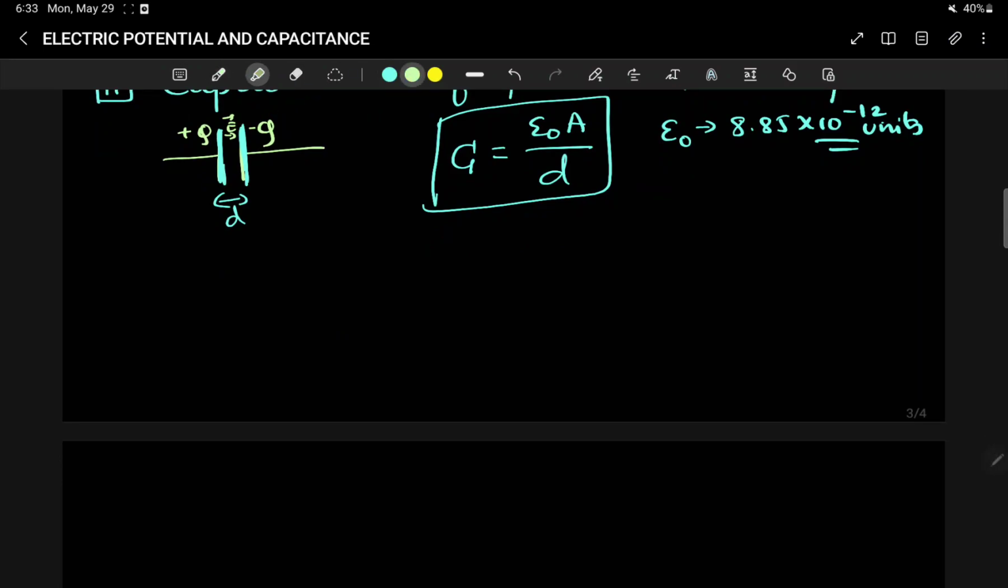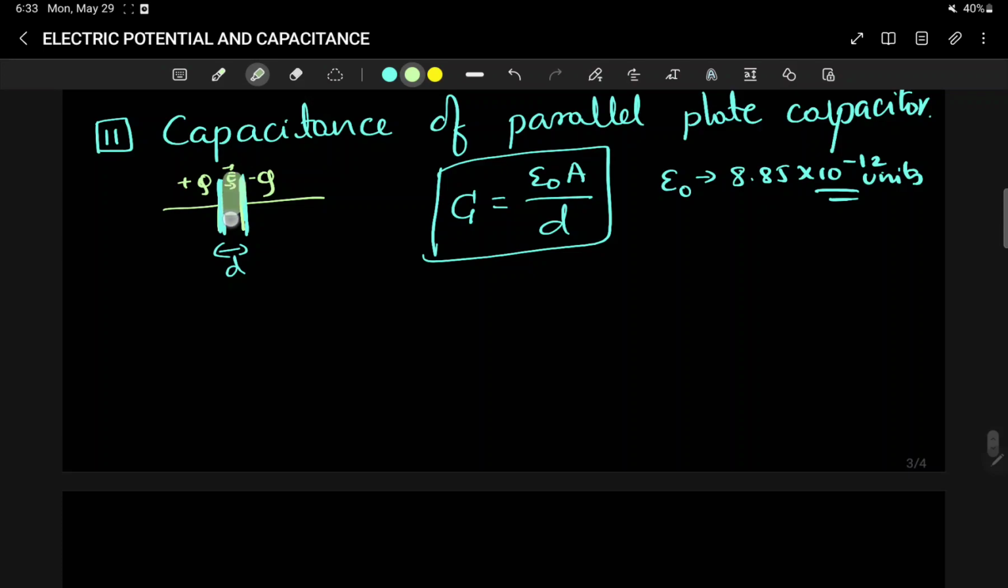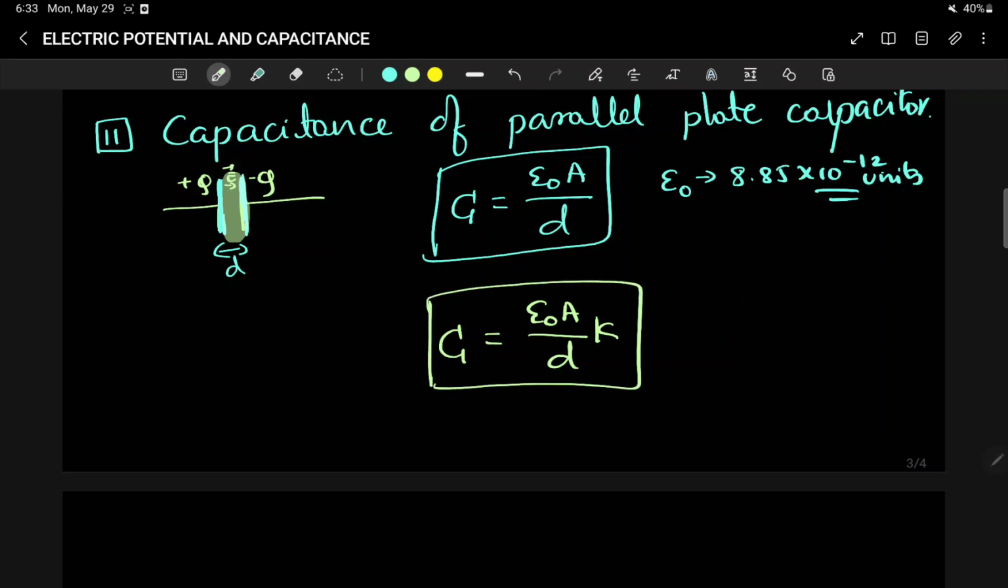See, if you consider a dielectric medium is present between the plates, then how do you consider the capacitance? Will it increase or decrease? So C is given by epsilon naught A divided by D into K. So capacitance increases by a factor K, where K is called the dielectric constant.